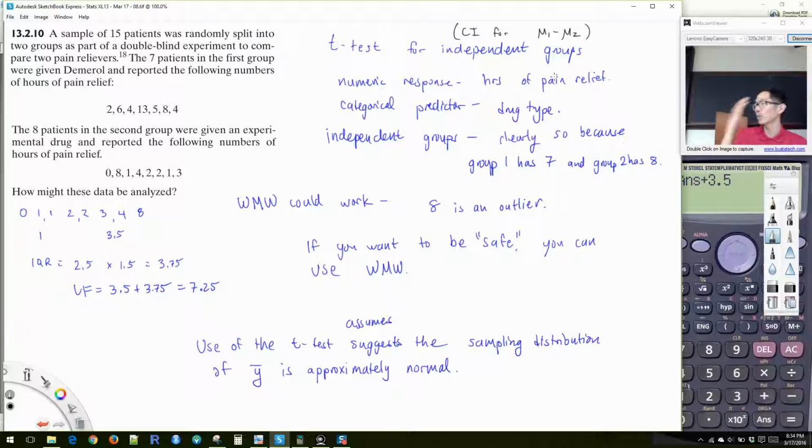So I think on quiz 3 we had questions that equated the confidence interval and the t-test for independent groups. So if it was directional, you would not use the CI.